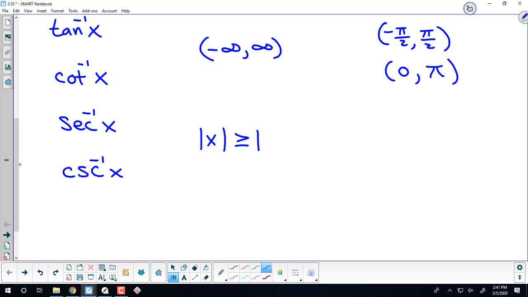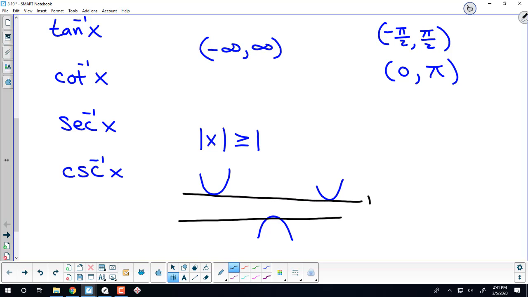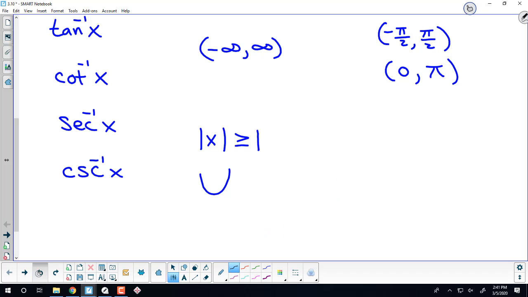So x has to be larger than or equal to 1 or less than or equal to -1. Remember the graph of secant or cosecant looked like this, where this value here was 1 and this value was -1. So you didn't have anything output there, so you don't have anything input into the inverse functions. Okay, domain for both of those.